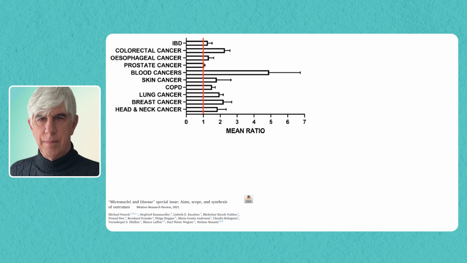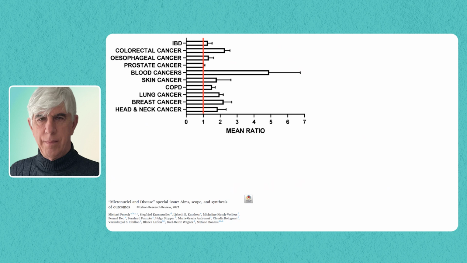And you see that the mean ratio is exactly the same. In this case, it's the frequency of micronuclei in people with the disease versus people without the disease, the control. And you see that there is the line of no effect.